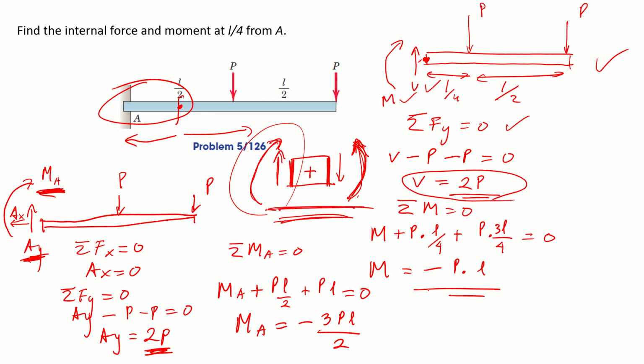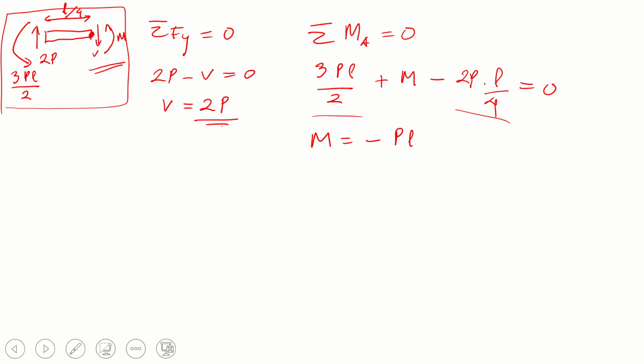Our previous calculation said that the moment here is minus PL. So exactly the same. As I told you before, either the left part or the right part is supposed to give you the same value of internal shear force and internal moment.